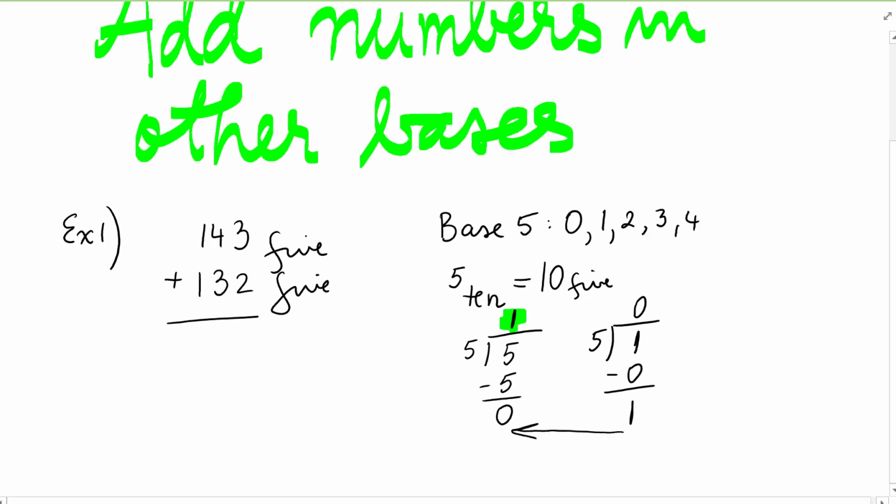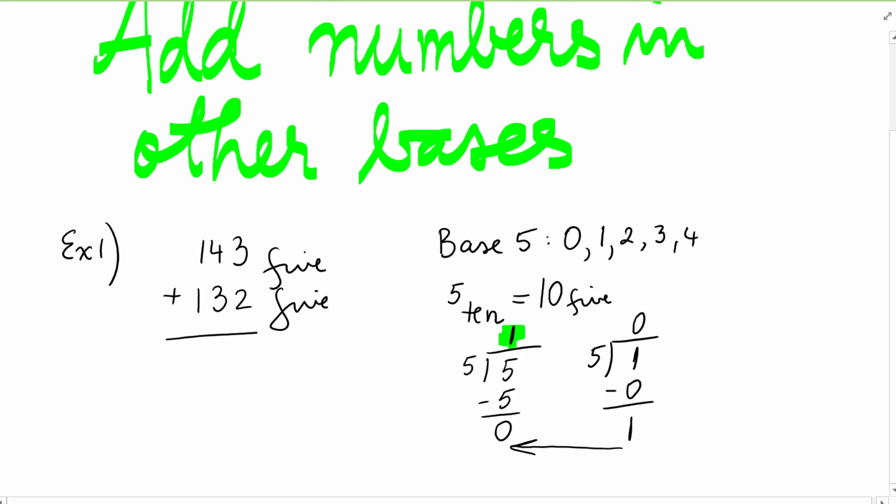And how did we do that? Well, by doing long division. We divide the 5 that we started with by 5, which is the base. We recorded the quotient and we recorded the remainder.